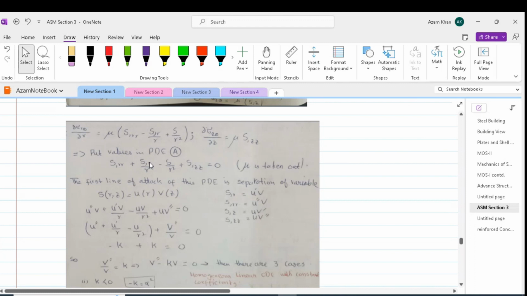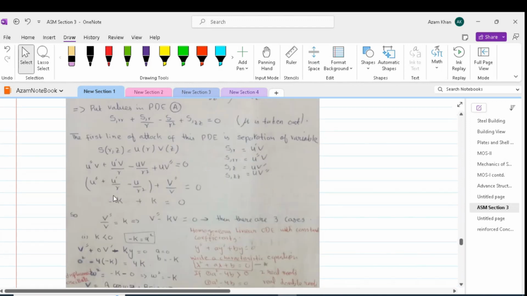Now, this function can be differentiated with respect to r twice as per the partial differential equation A. Then it can be differentiated once with respect to r and divided by r, minus the same function by r square, plus this function differentiated twice with respect to z. So after performing the required partial differentiation, we get the equation as u double dash v plus u dash v by r minus uv by r square plus uv double dash equal to 0.